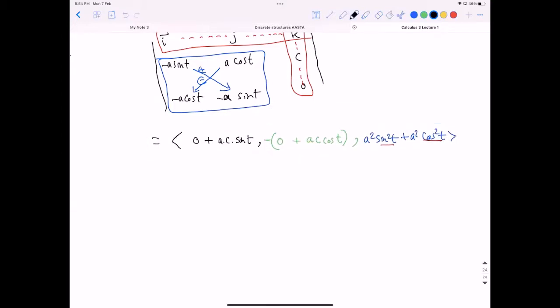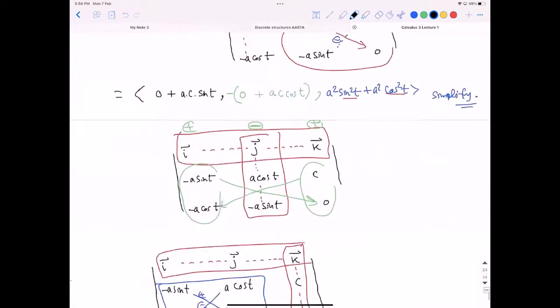So this is R prime cross R double prime, the cross product of the vectors: AC sine t, negative AC cosine t, then A squared times 1. We still need to find its magnitude.